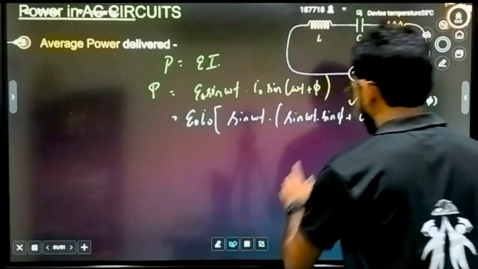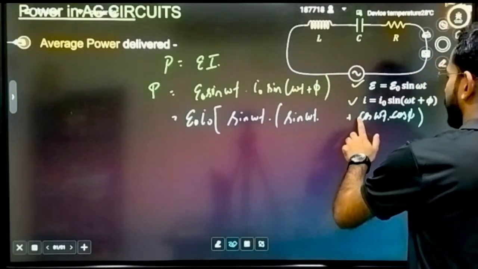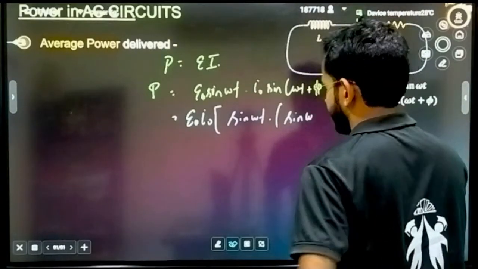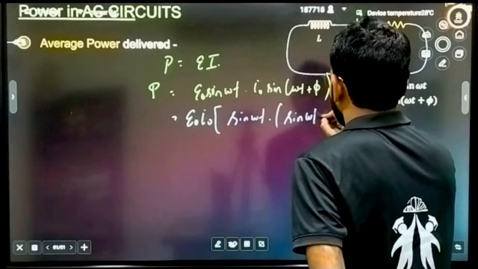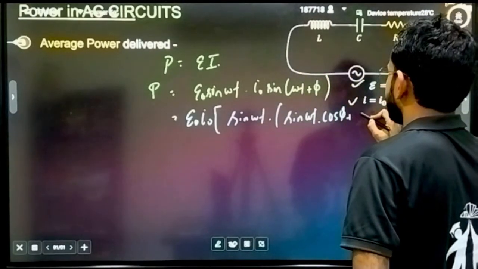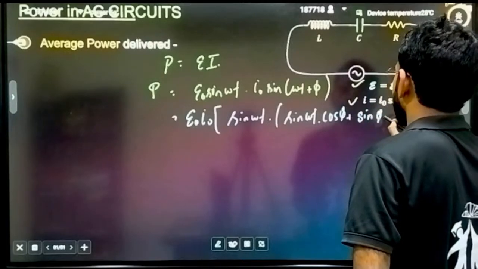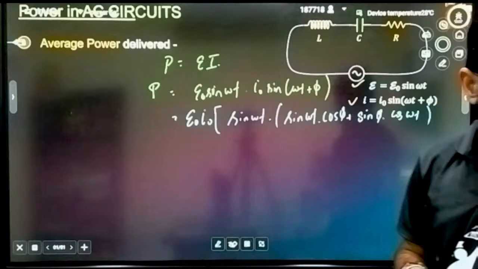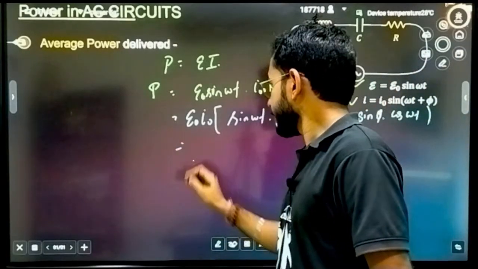Sorry, I have written the wrong one. Sine a cos b plus cos a sine b. Now see, cos of phi into sine of omega t plus sine of phi into cos of omega t. Now correct? Clear?